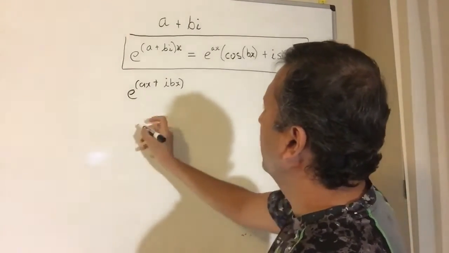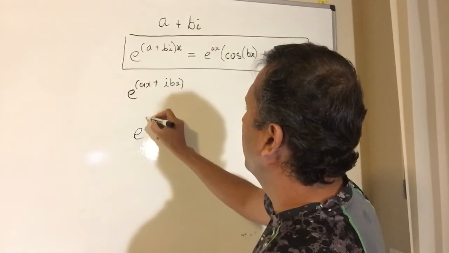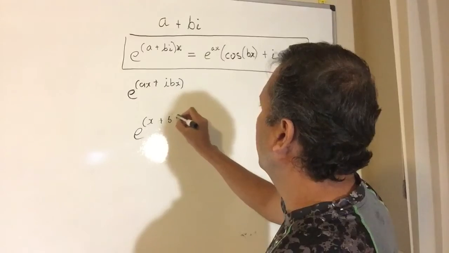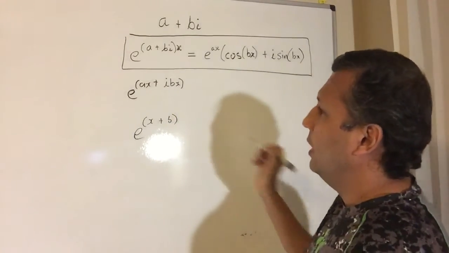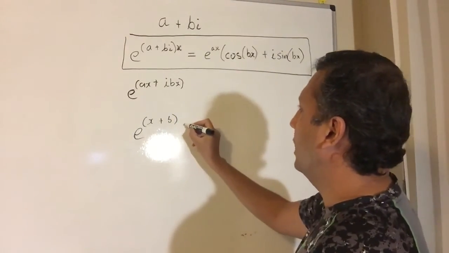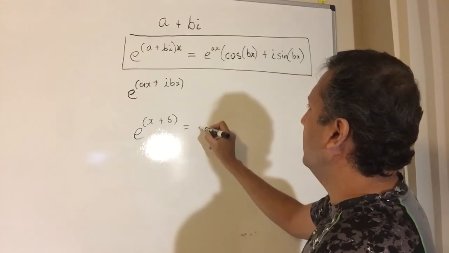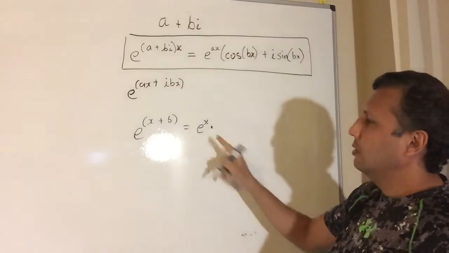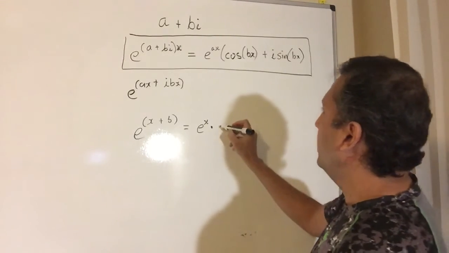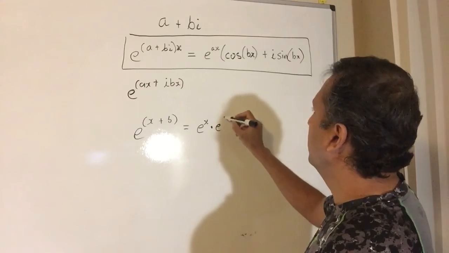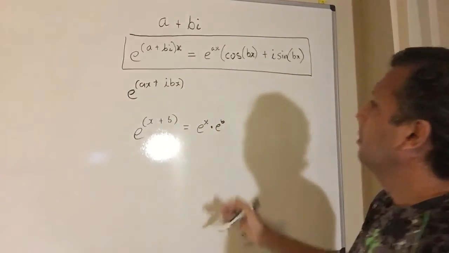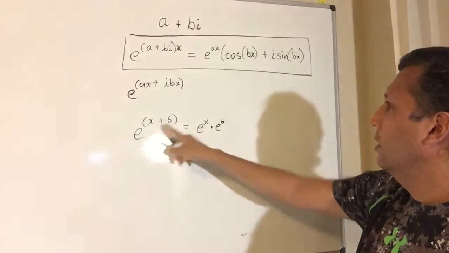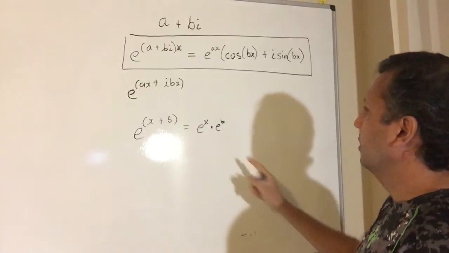For instance, e to x plus b can be written as a product, such as e to x multiplied, I'll use the dot as the multiplication symbol here, by e to the b. So this can be written as this also, following the rules of exponents.